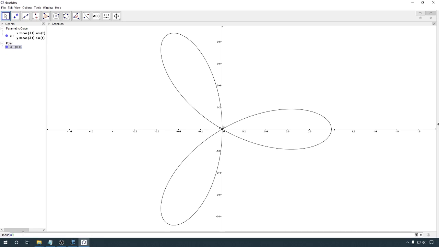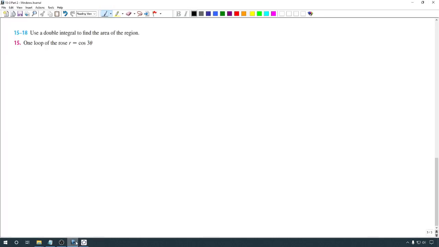Similarly, if I plug in minus pi over 6, I also get 0. And as I put in values between negative pi over 6 and pi over 6, I trace out this curve. And so those are the limits that we're going to use. We're going to say theta is between negative pi over 6 and pi over 6.